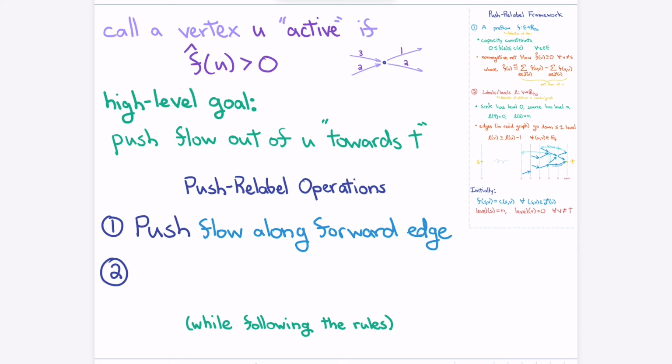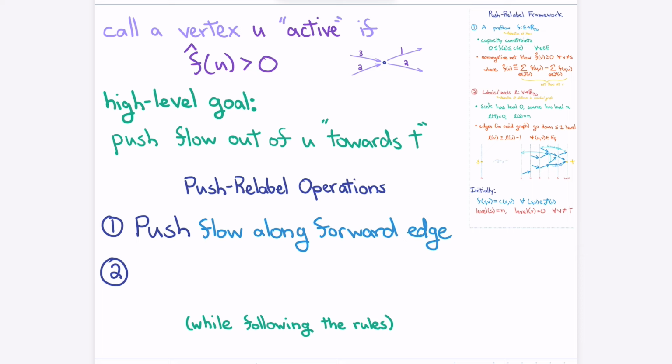One is that you can push flow out of u in the forwards direction. The sink is always level 0. The source is way up at, oh, is u at level 0 here? Sorry. 0, 1, 2, 3, and no, 0, 1, okay, good. I reverse myself. 0, 1, 2, 3, 4, 5, n, right? So the sink's over here.